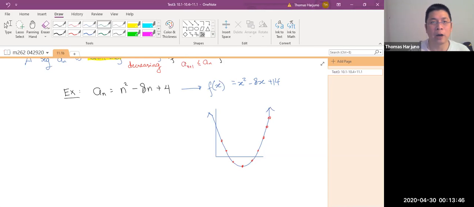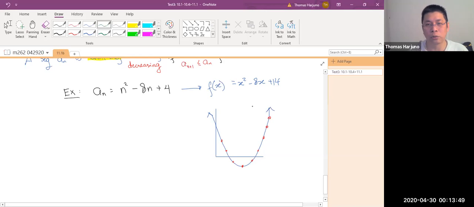Let's say I use 6 here. This is when capital N equals to 6, and every term after that is increasing. You see that? Every term after that is increasing.